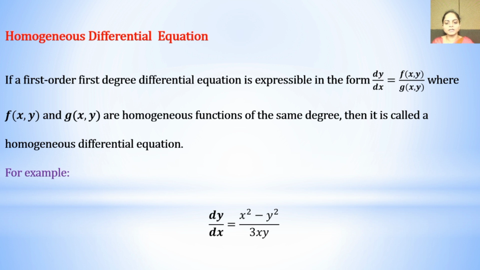Look here, in this equation the degree of x square is 2, degree of y square is 2 and degree of xy is also 2, that is the degree of numerator and degree of denominator both are the same. So this equation becomes a homogeneous differential equation of degree 2.